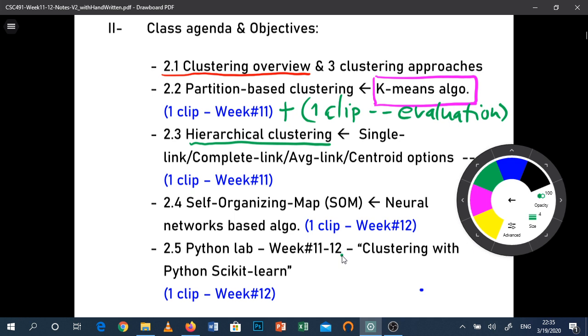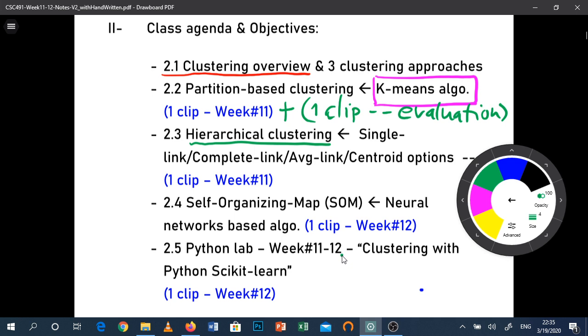Then we keep growing into bigger subgroups. So at the end, we will have a complete dendrogram to keep track of all the sequence from one single individual data point into one complete cluster of having all members together.